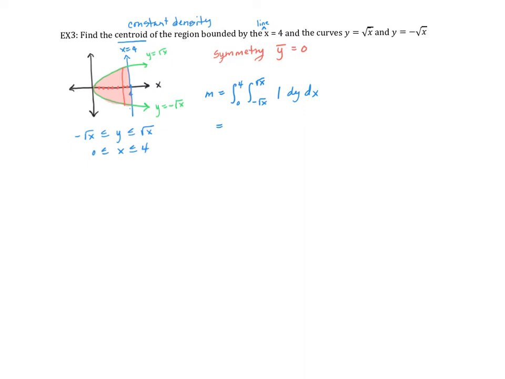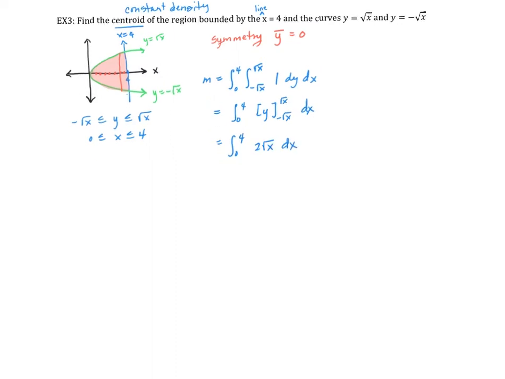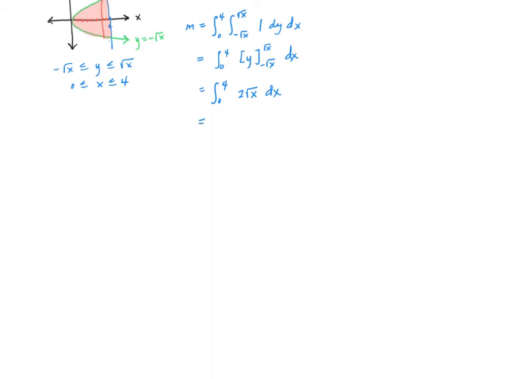So computing that mass, it's going to be the integral from 0 to 4 of y evaluated from these square roots, which is simply the square root of x minus the negative square root of x. That would be 2 square root of x. And then that would be the integral of 2x to the 1/2.